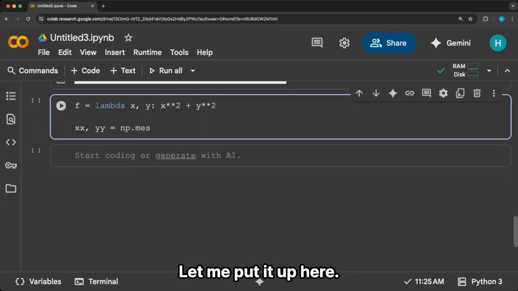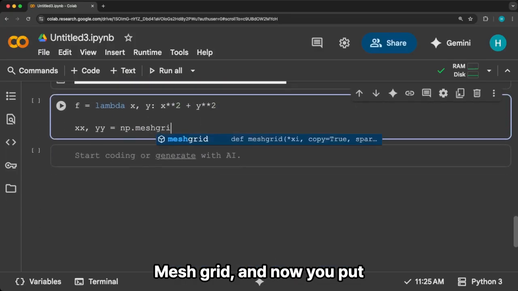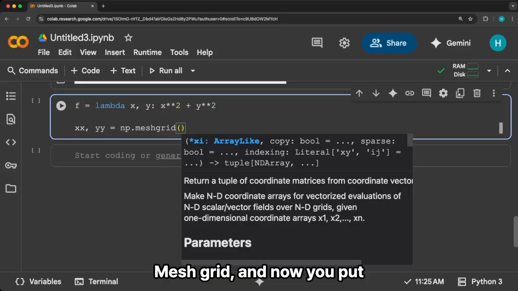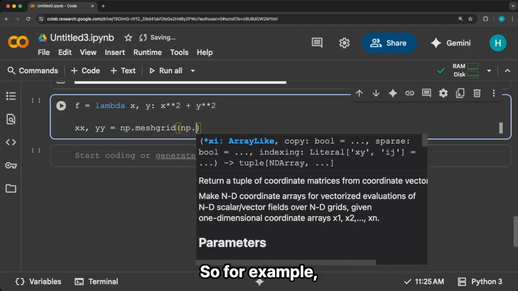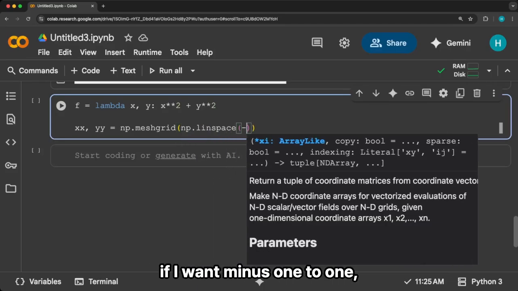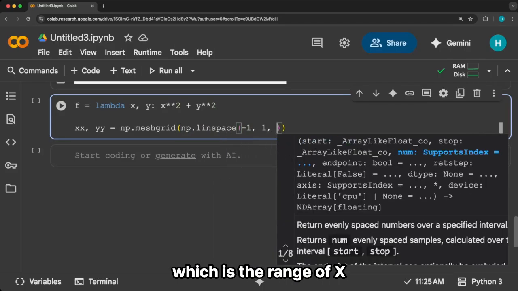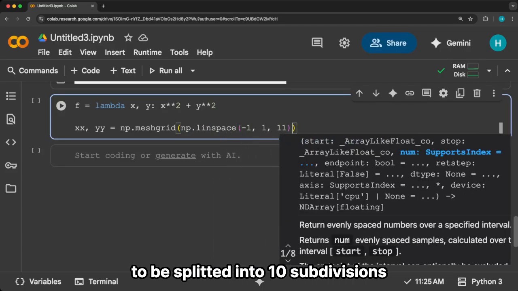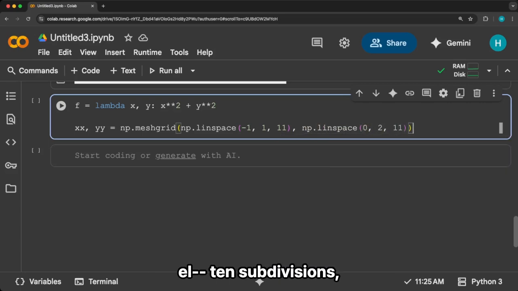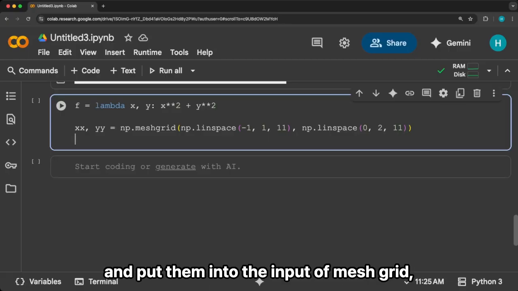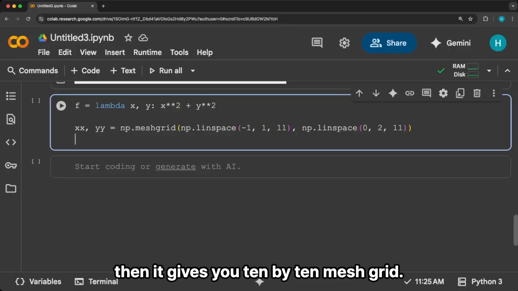Now you put how many divisions you want in the x and y axes. For example, if I want -1 to 1, which is the range of x, split into 10 subdivisions, and 0 to 2 split into 10 subdivisions, and put them into the input of mesh grid, then it gives you a 10 by 10 mesh grid.